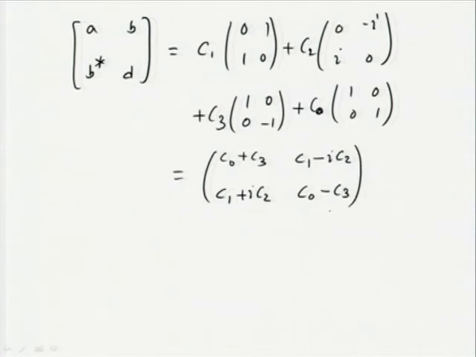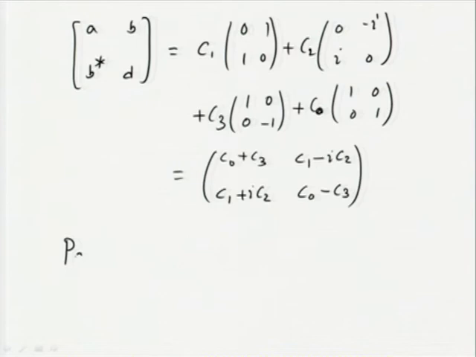Indeed, the off diagonal elements are complex conjugates of each other, and the diagonal elements are real, provided the C's are real numbers. Otherwise, this is arbitrary. C 1 can be any number, C 2 can be any number, C 0 can be any number, C 3 can be any number, which says that a general 2 by 2 Hermitian matrix can be written as a combination of these 4 matrices.